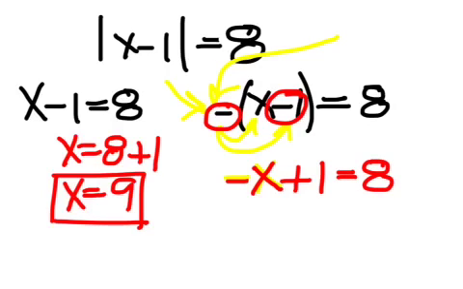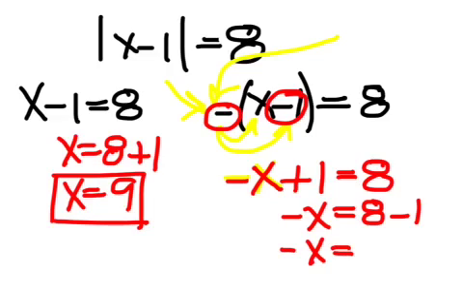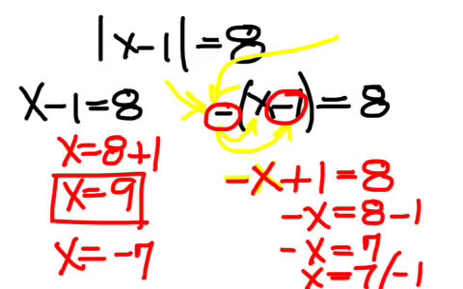The 8 stays the same. And you solve that negative x plus 1 equals 8 for x. So move the plus 1 to the right, make it minus 1. 8 minus 1 is 7. So divide 7 by -1 to come up with x equals -7.